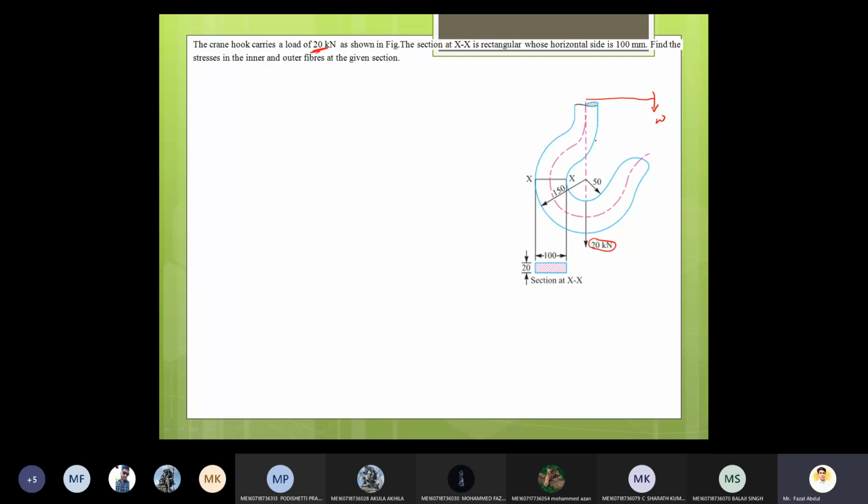Here the load is acting directly on the curvature line, that is 20 kilonewtons. And the figure itself shows the section is rectangular, so I am taking the rectangular equations directly.